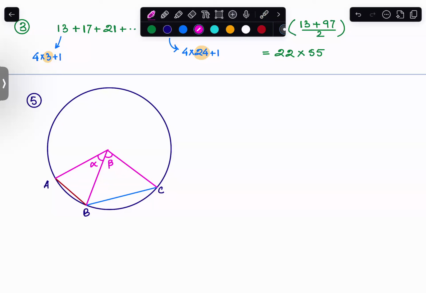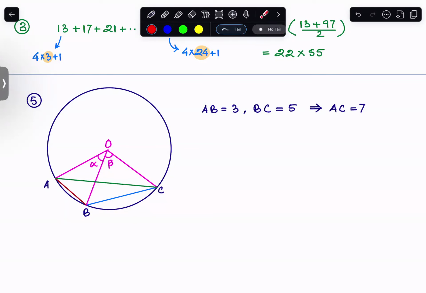Let's mark the center as O. So in this diagram, angle AOC is already alpha plus beta. Acceptable? And that guarantees AC has to be 7. So AB been considered 3, BC been considered 5, and that implied AC has to be 7.